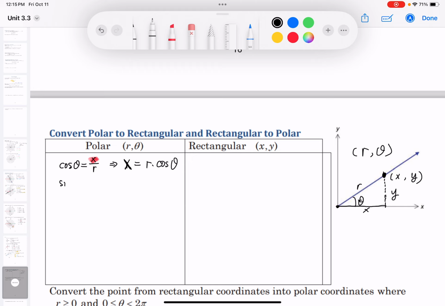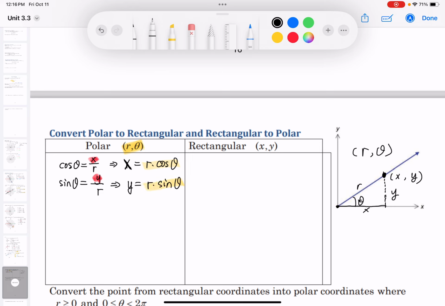Let's see what sine theta is in this right triangle: opposite y over hypotenuse r. To isolate y, multiply both sides by r, so y equals r times sine theta. That means if r comma theta are given, the x and y values can be found by x equals r cosine theta and y equals r sine theta.